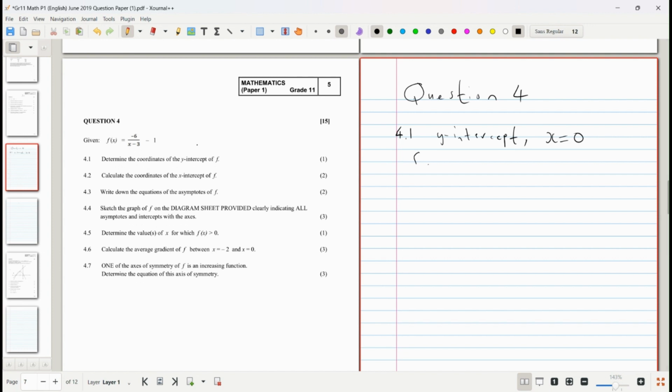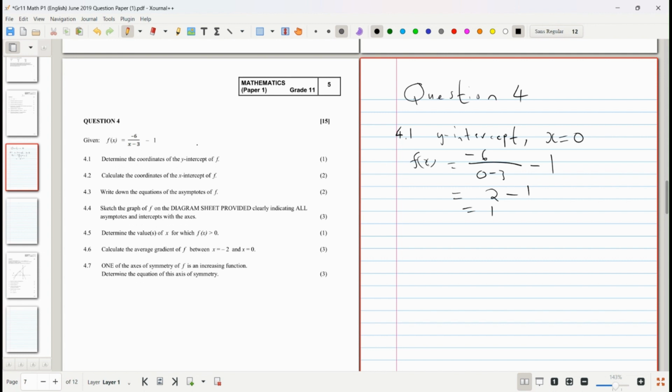We can say f of x equals negative 6 divided by 0 minus 3, minus 1. Negative 6 divided by negative 3 is positive 2. So we have 2 minus 1, which is 1.